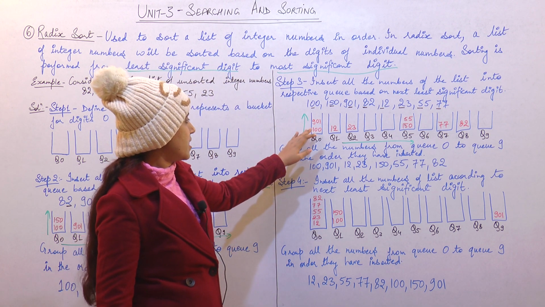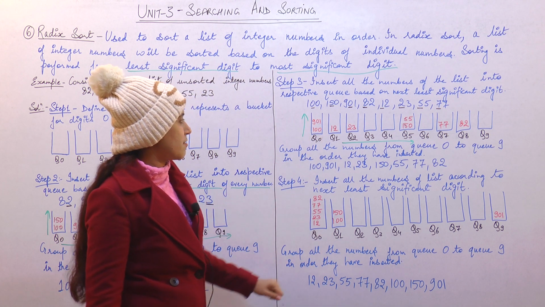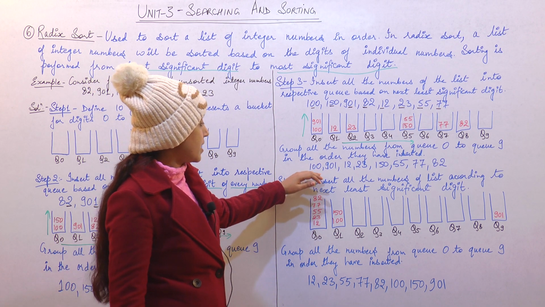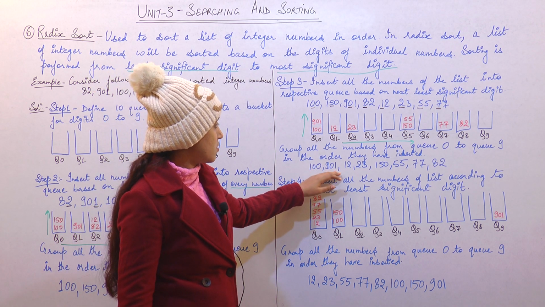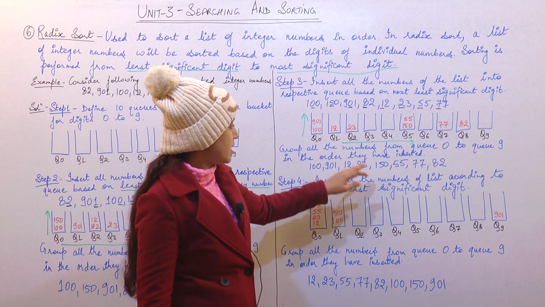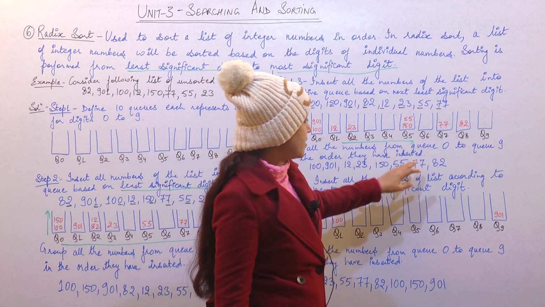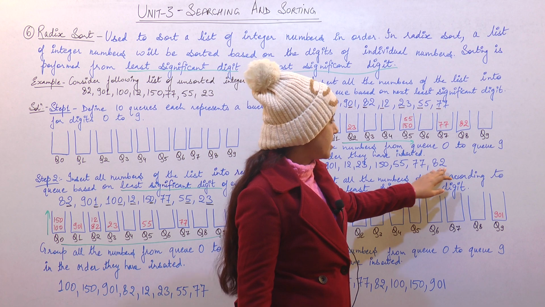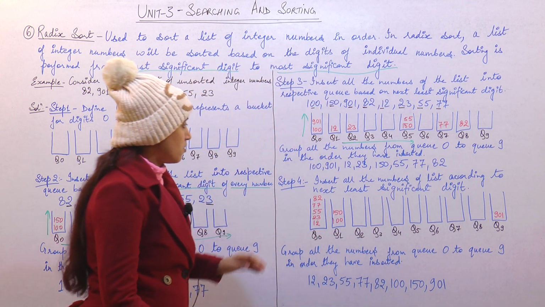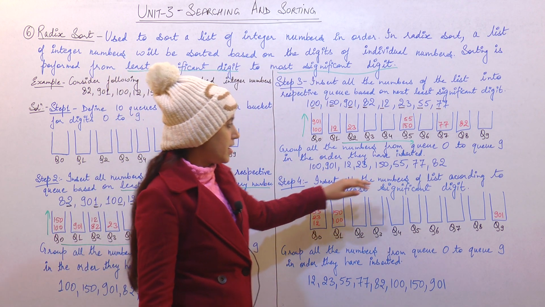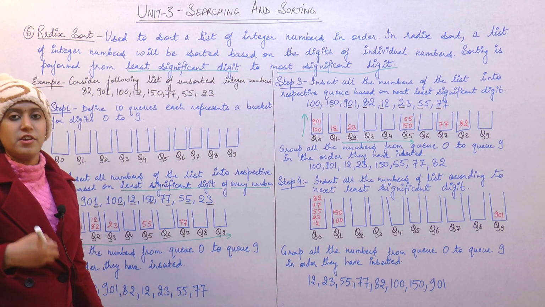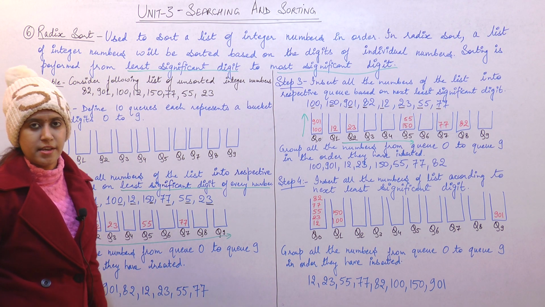That means firstly 100 was inserted, then 901 was inserted. So we write 100 first, then 901, then 12, then 23, after that 150 and 55, and then 77 and 82. Now this is the list of the numbers which we obtained after step 3.